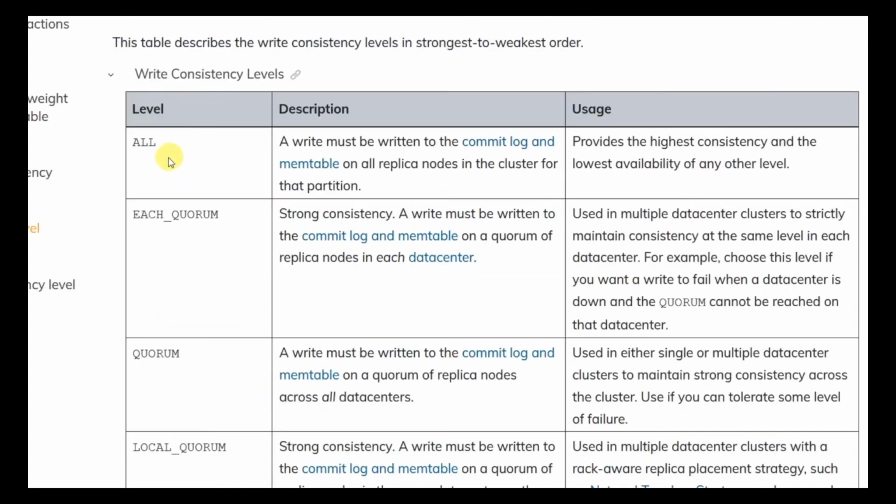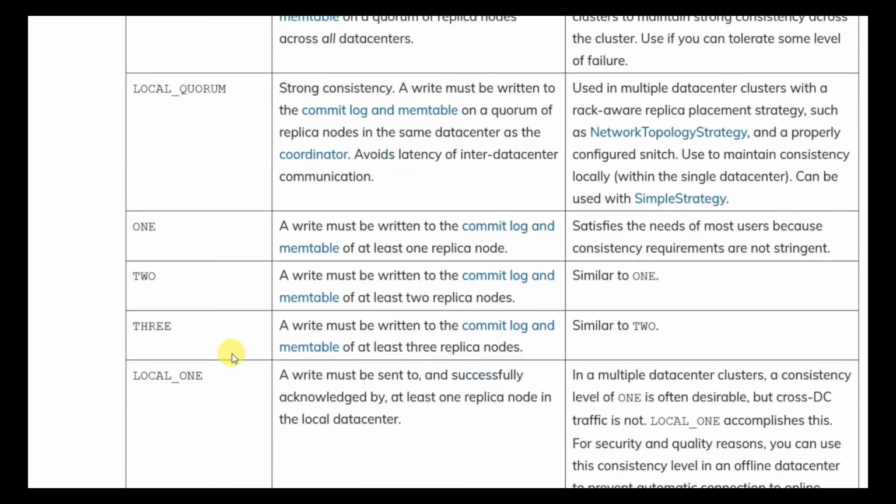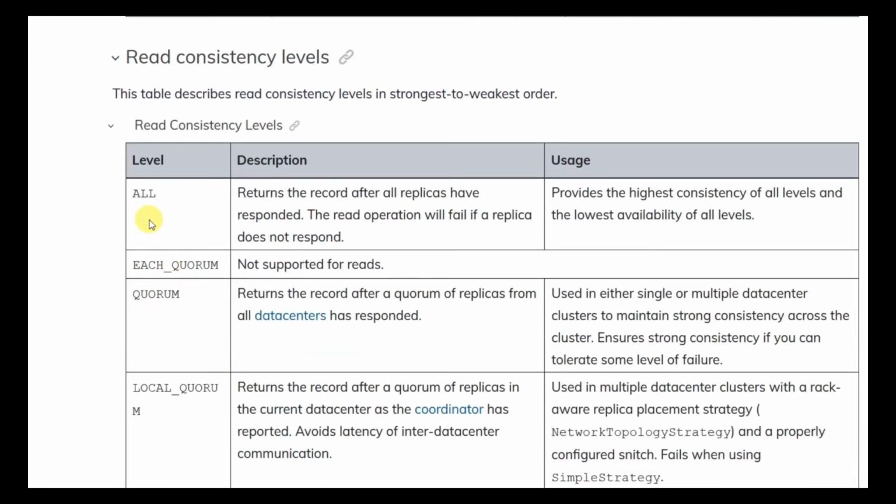So let's say we are writing data which needs to be very much consistent. We can first try with all. If all fails, we can go for a quorum. If quorum fails, then we can send a 5xx or things like that. It completely depends upon the data that you are working with. Similarly for read, if you want a very consistent read, you can try with all. If all fails, you try with a quorum.